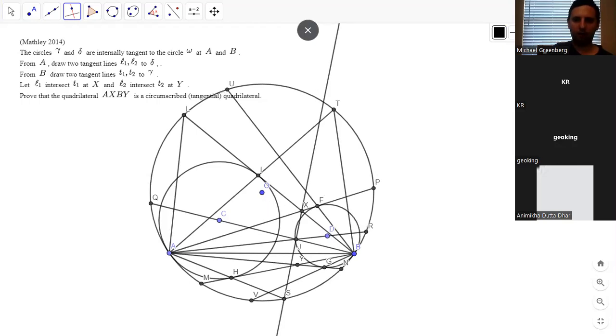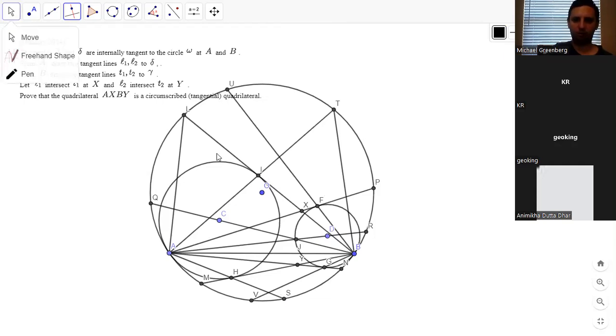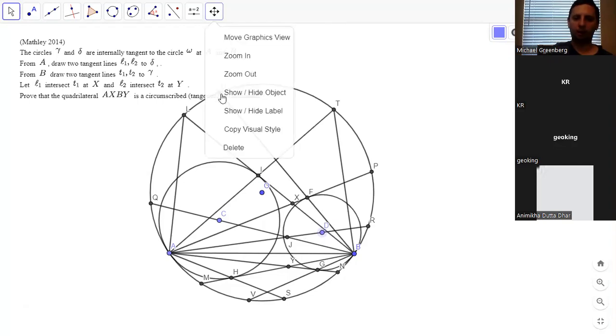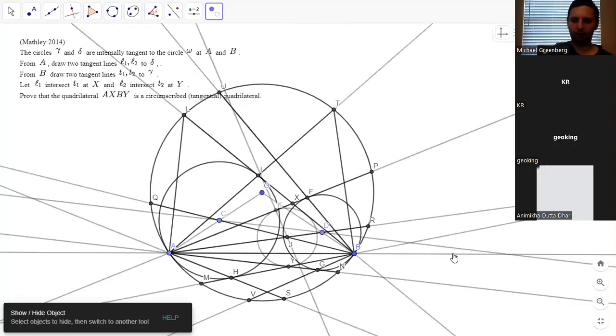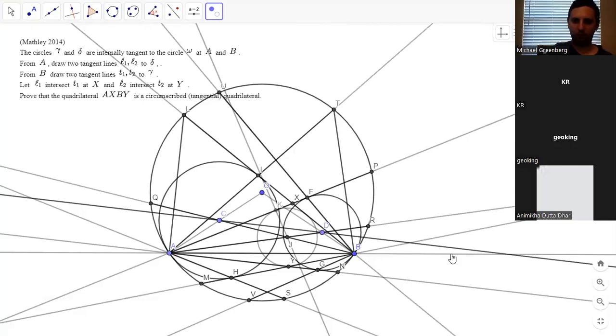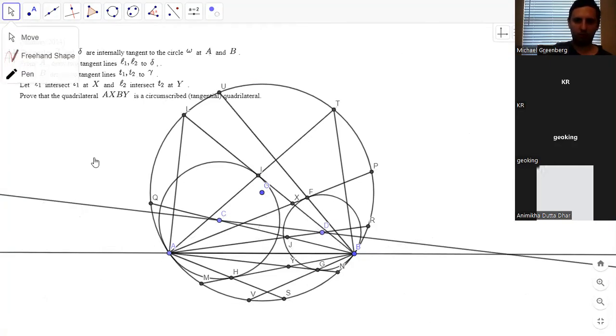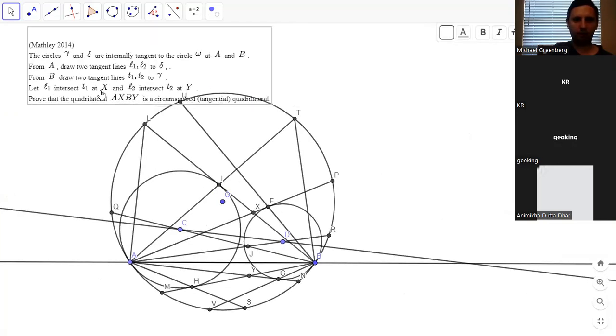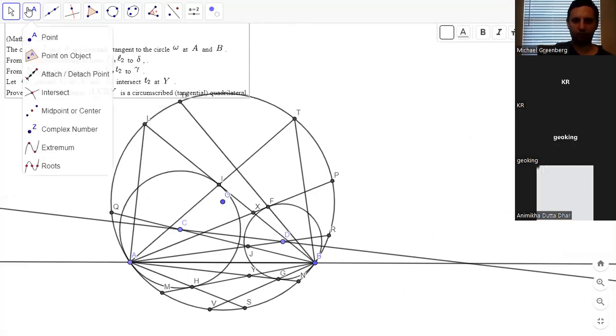S is just the intersection of AH with the circle. Oh, okay. Sorry. This point out here. So that point is the homothety center of the two smaller circles.